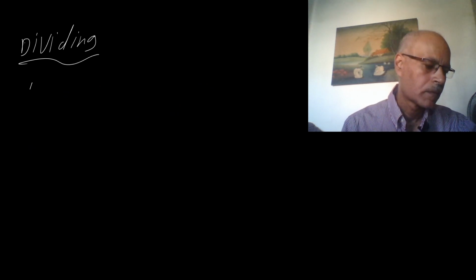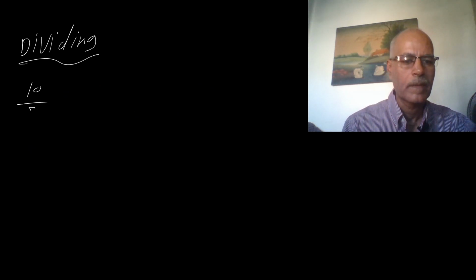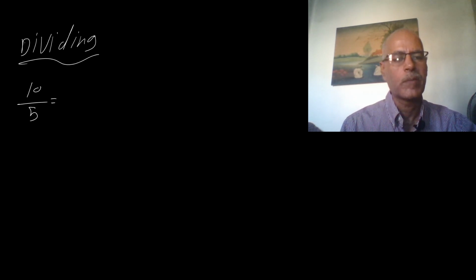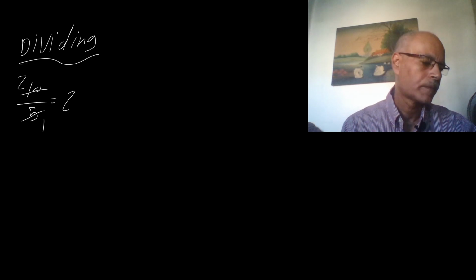Simplify 10 over 5. When I put it in simplest form, I must find a number that divides both 10 and 5. It's 5. 10 over 5 is 2. 5 over 5 is 1. It's equal to 2.